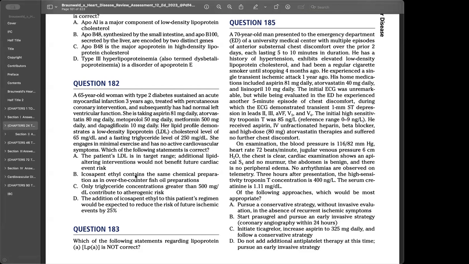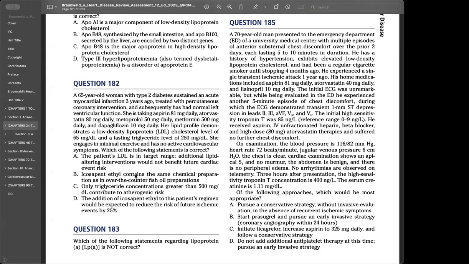So, looking at this question, sorry, I may need a bit of help here. This patient presented with typical angina symptoms that have been ongoing for 2 days.